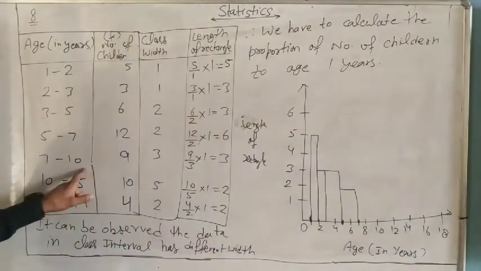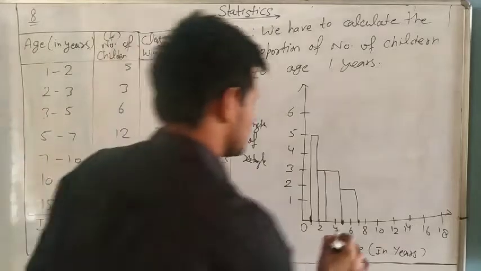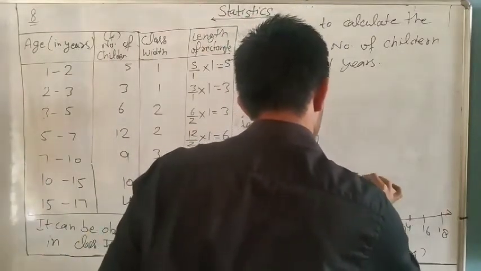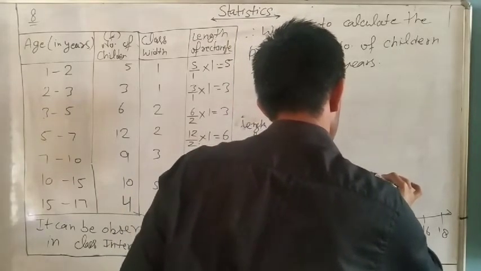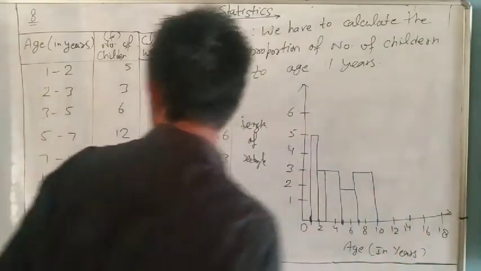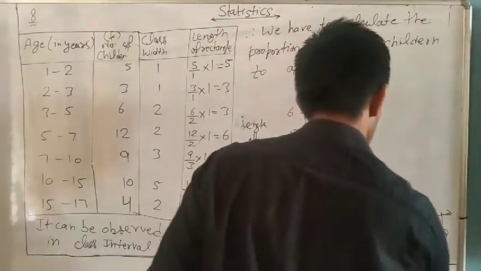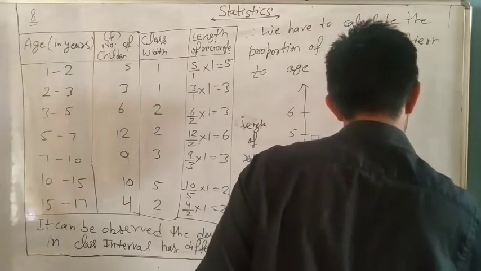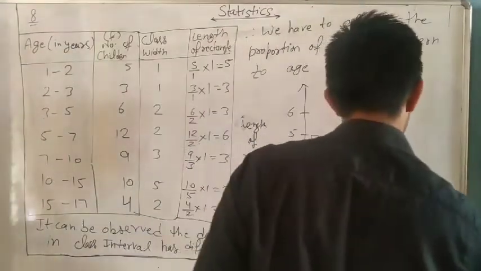Next 7 to 10 is 3. Now 10 to 15 is 2. And now 15 to 17 is 2.